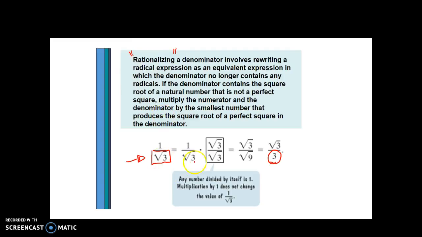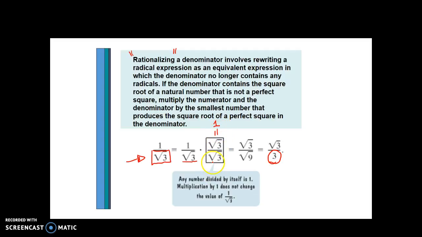So what we do generally, we have the square root of 3 and we're going to multiply it by itself as a fraction. I'm going to multiply it by the square root of 3 divided by the square root of 3. And remember, anything divided by itself always equals 1. 3 divided by 3 equals 1. The square root of 3 divided by the square root of 3 equals 1.